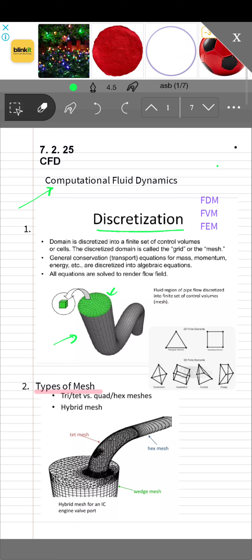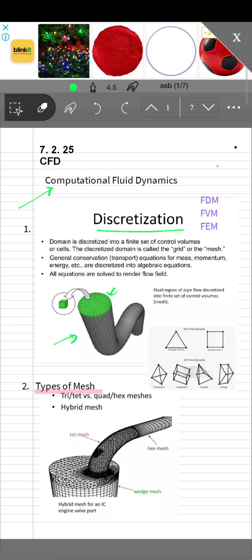Like the one which has been shown in a magnified manner, and each grid or mesh will act as a control volume. By control volume, we mean that volume where the conservation laws apply. And the conservation laws, which are mainly related to mass, energy, and momentum, are applied or valid in the control volumes.